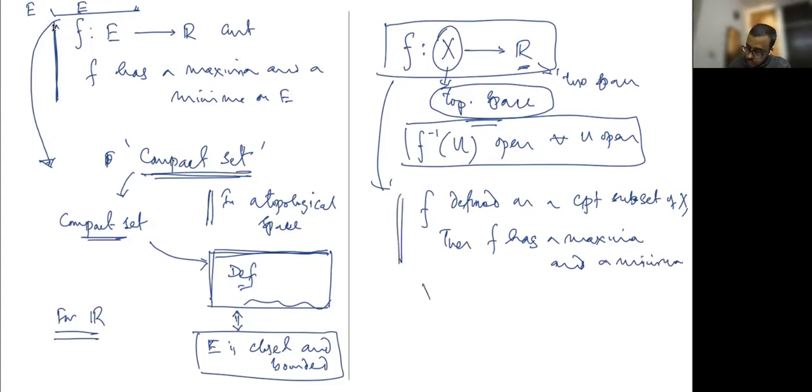And when you specialize to R, subsets of R that are compact are exactly this class of sets, that is closed and bounded sets.